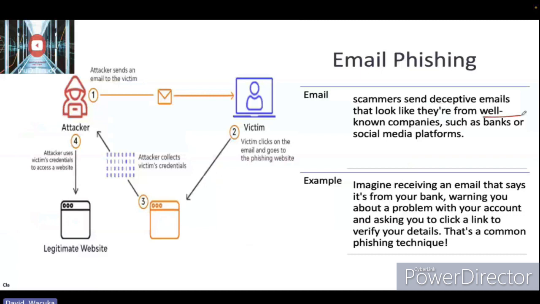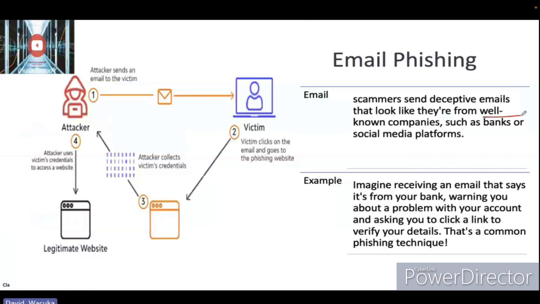The victim will click on links and then they are redirected to this fake website. This is where they provide their personal information, and the attacker harvests that information and then uses it to log in to a legitimate website.